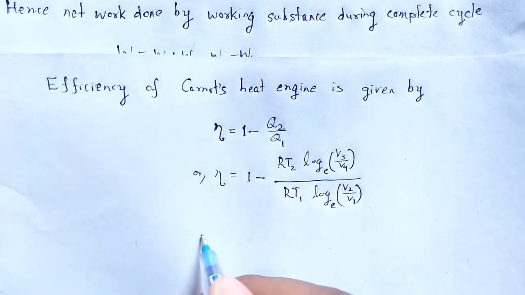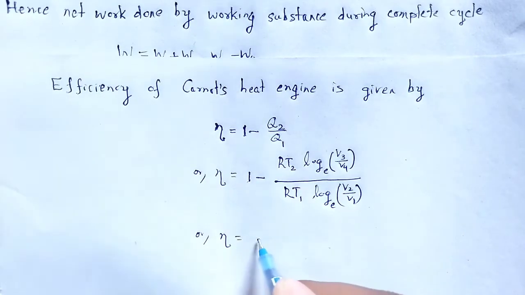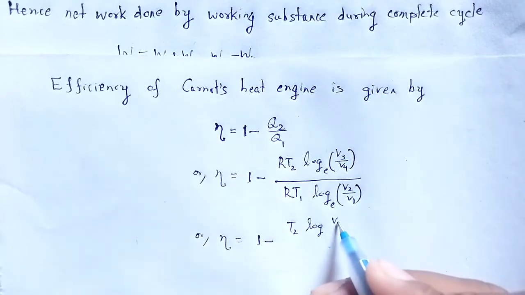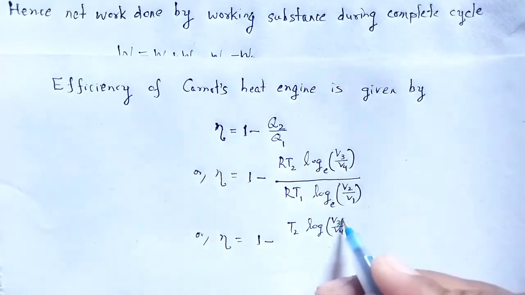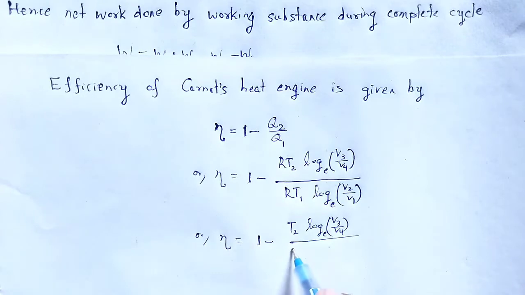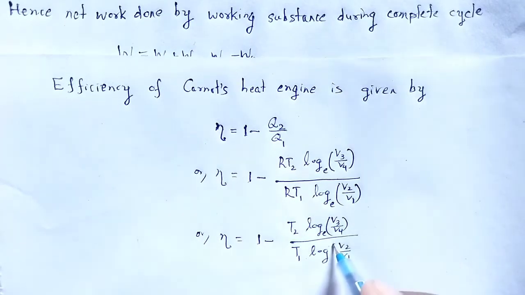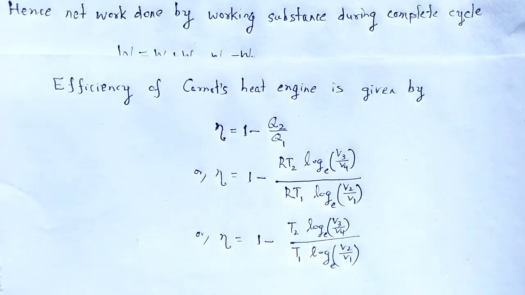R cancels out. So eta is equal to 1 minus T2 log V3 by V4 base e divided by T1 log V2 by V1 base e.